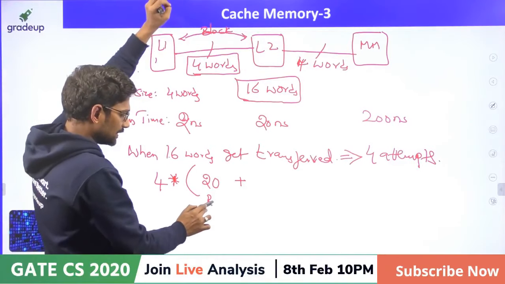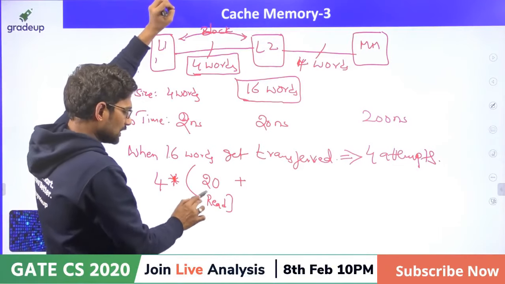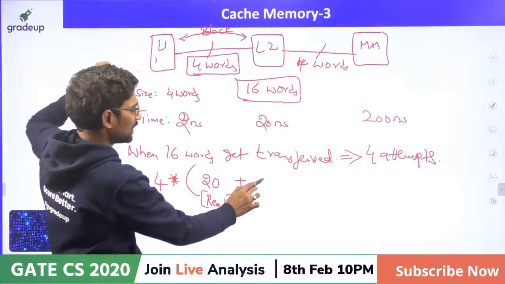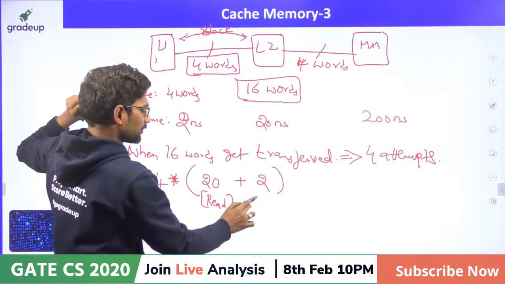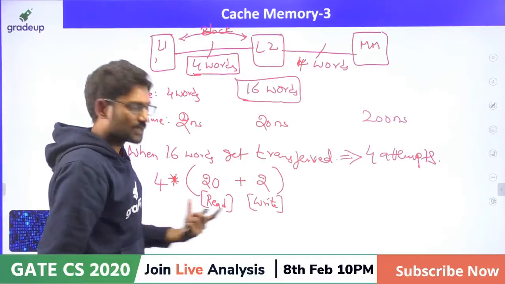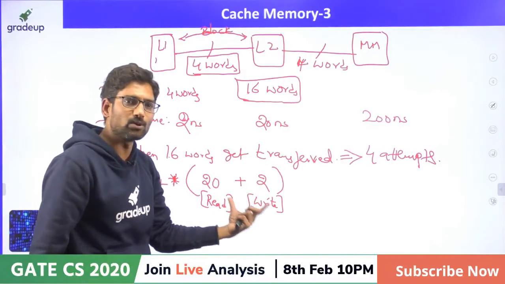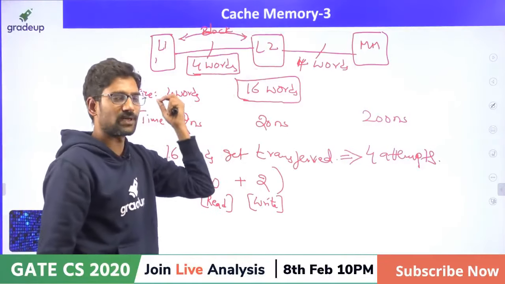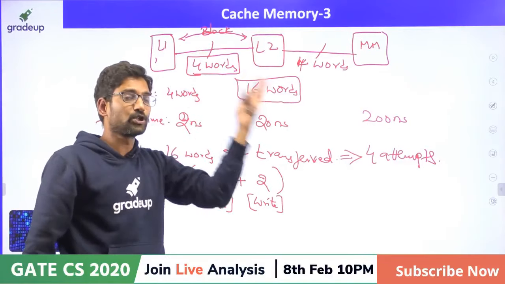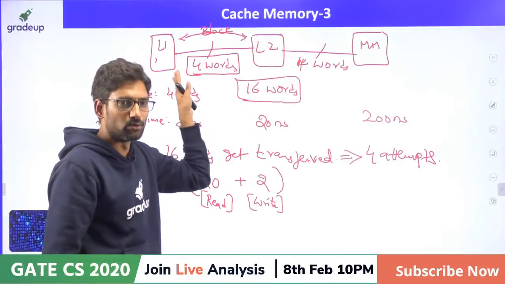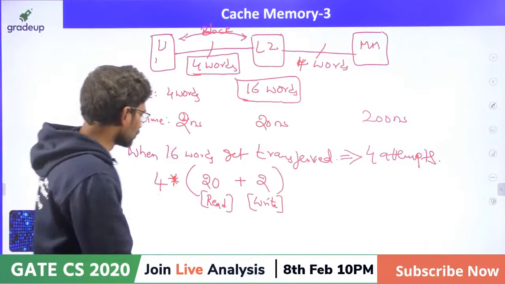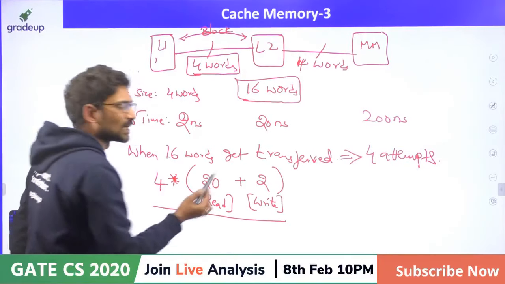This is the read, meaning it will take from L2. And what is the access time of L1? 2 nanoseconds. This is for the write, writing those 4 words. Then in 22 nanoseconds, how much will be transferred? 4 words will be transferred. But a block should be transferred from L2. What is L2's block size? 16 words. So it should happen in 4 attempts.